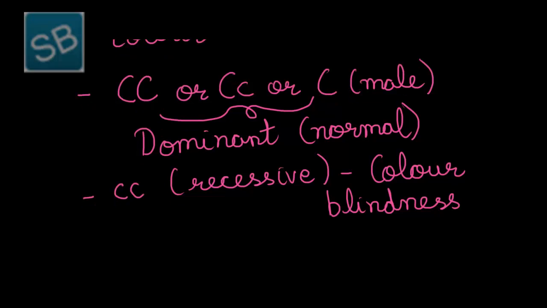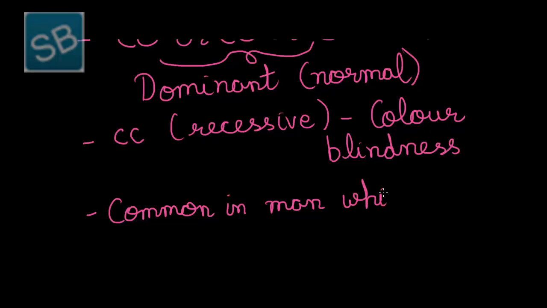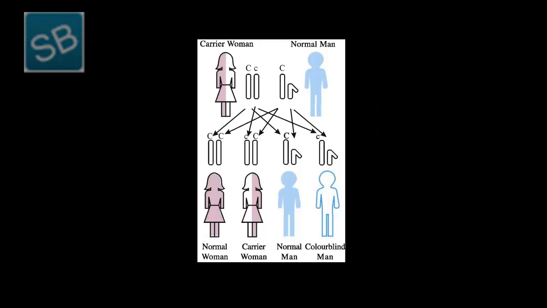This type of character is common in men while rare in women. That is, this disorder, color blindness, is common in men, but it occurs in a rare manner in women. This figure represents the inheritance of color blindness.